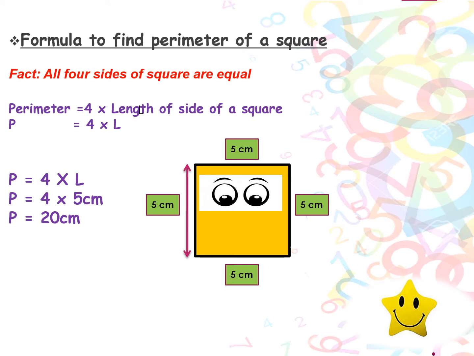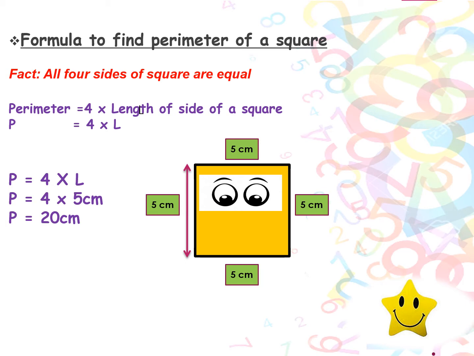All sides of a square are equal, and instead of adding them 4 times, we multiply one side by 4. We can come up with the same solution, but in an easier way. So our formula for the perimeter of a square is: perimeter is equal to 4 times the length of one side.